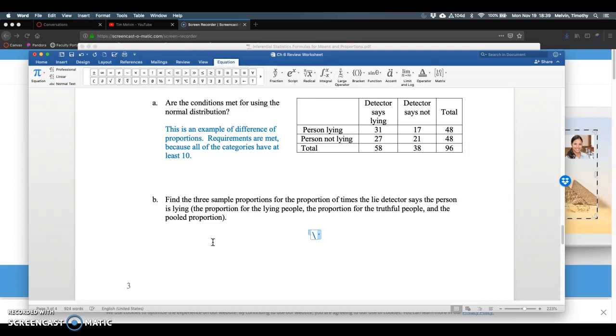We have p-hat, and I'm going to say L for lying. If we look at this value, what proportion the lie detector says that they are lying? That's going to be 31 out of 48.